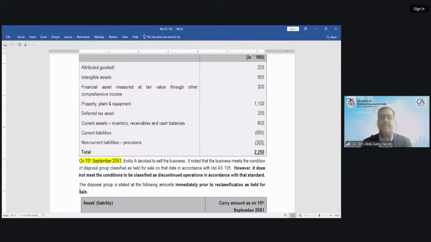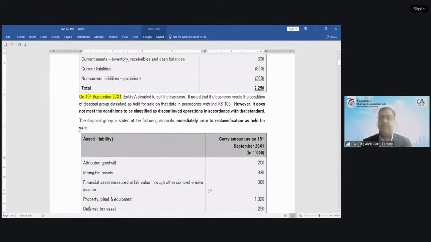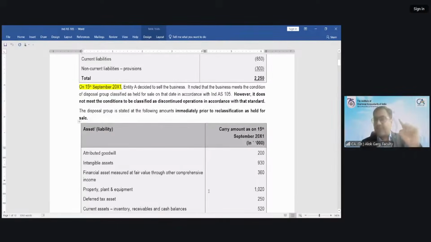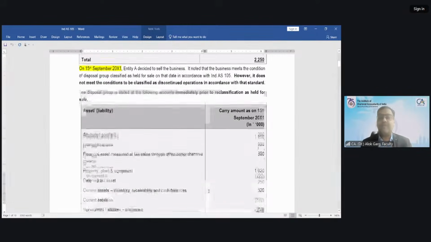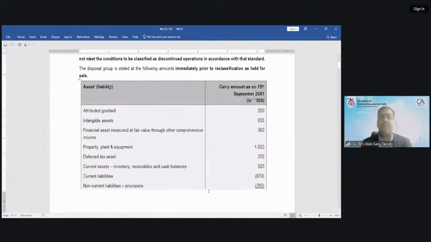The disposal group is stated at the following amounts immediately prior to reclassification as held for sale. A few numbers are given. That number was on 31st March 20x1, and now this number is the carrying amount as on 15th September 20x1. What are the numbers given?